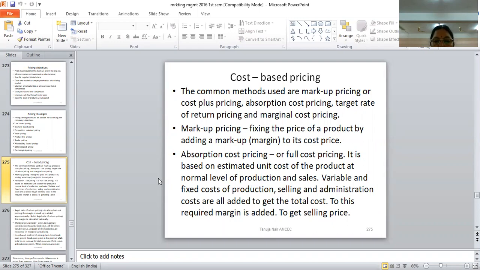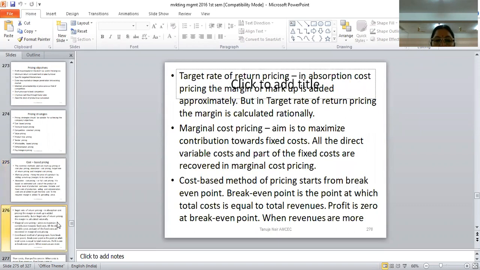The full cost is taken into account, that is the fixed cost, the variable cost, administrative cost, everything, whatever cost they have incurred to produce the product is taken into the unit cost of the product, and to that a margin is added. How much profit they want, that is added, and that becomes the selling price of the product.